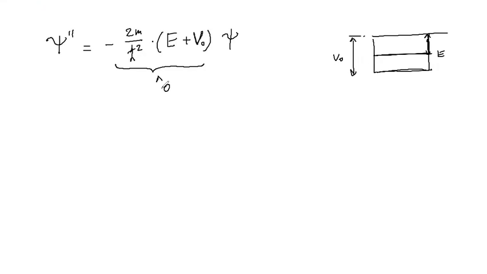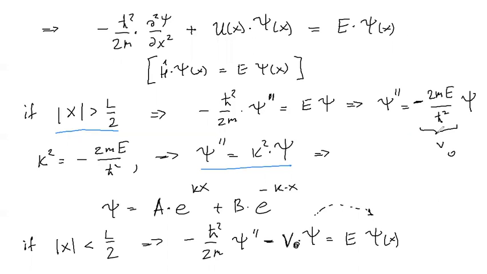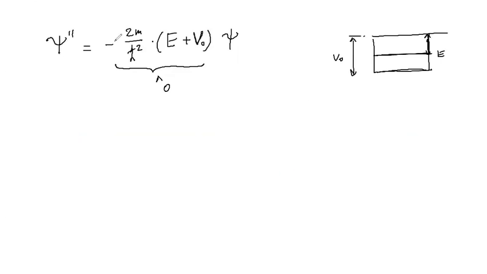It makes a big difference because previously this coefficient was positive. Now, when you have a classically allowed area, when energy is greater than potential energy, this would be negative. Okay, it's not a big deal, but still. I'm going to introduce kappa squared for this combination.